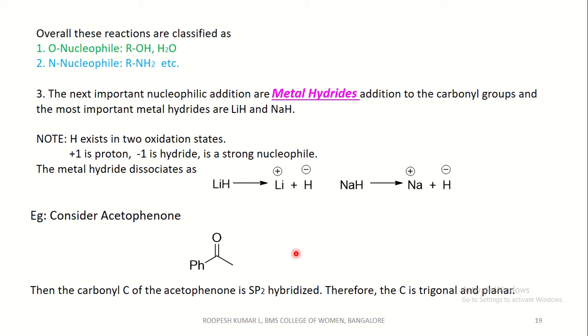Coming to the example, let's take acetophenone. This is the structure of acetophenone. The carbonyl carbon of acetophenone is sp2 hybridized. Therefore, the carbon is trigonal and planar.